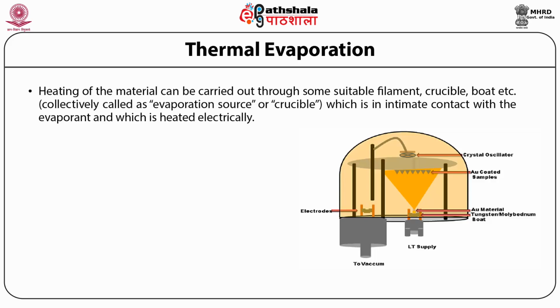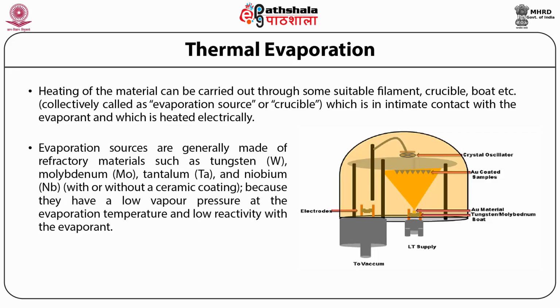Heating of the material can be carried out through some suitable filament, crucible, boat, etc., which are collectively called the evaporation source or crucible, which is in intimate contact with the evaporant and is heated electrically.